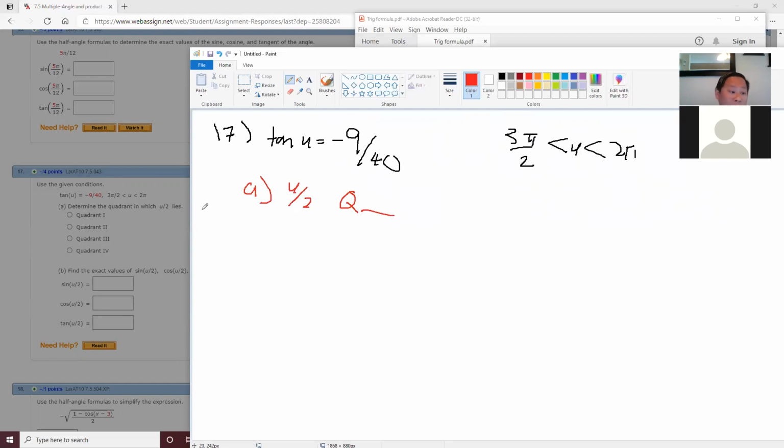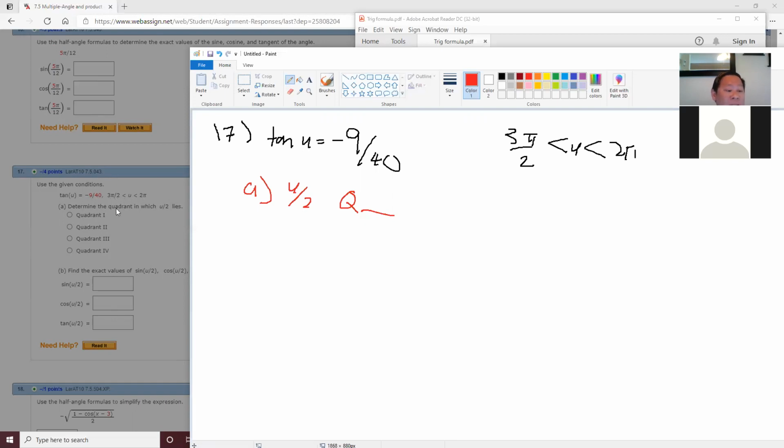Do you know how to figure this one out, Anika? Wait, what are we trying to find? The quadrant. So it's given tangent u is negative 9 over 40, and u is between 3 pi over 2 and 2 pi.